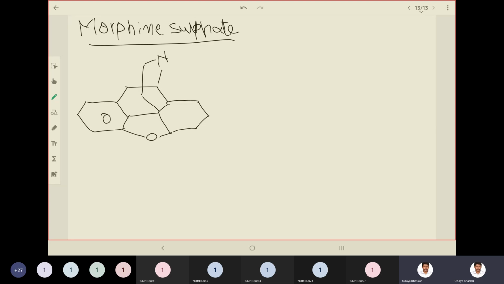This will have a methyl group. You have a double bond here. You have an alcoholic group at this position. Another, a phenolic hydroxyl group, at this position. So by this time you might have got hold of the structure. This is a salt of sulfate, so SO4.